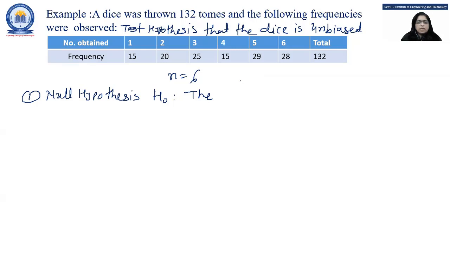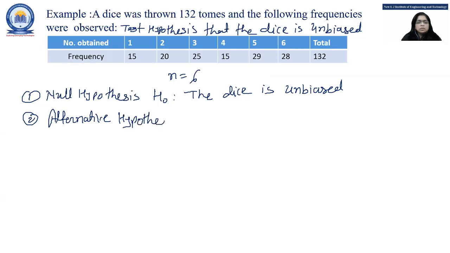So the dice is unbiased. Number 2, alternative hypothesis, that is the dice is biased.